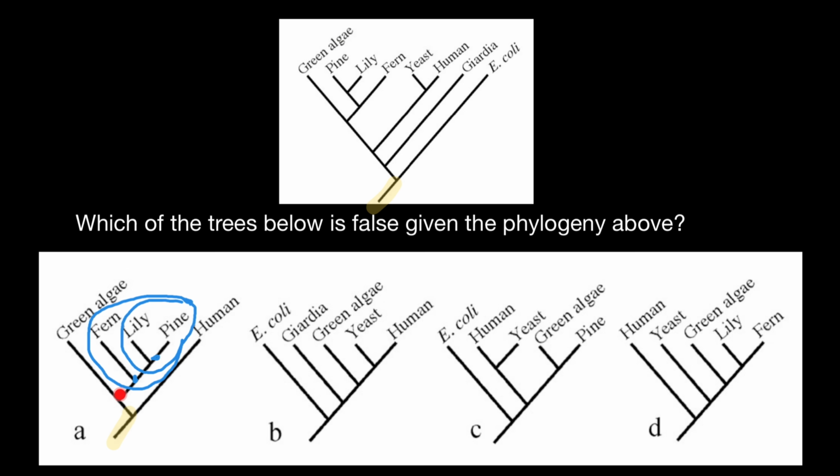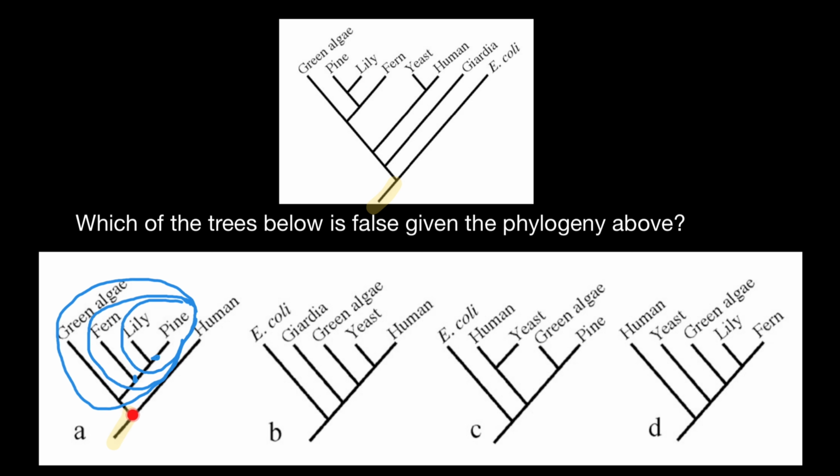If we go down here, we also would see a common ancestor with green alga, and we can arrange them in an even bigger clade. This is the same clade as we see here. Absolutely the same relationship between these taxa, though they are arranged differently.